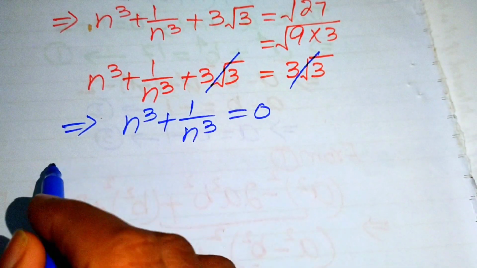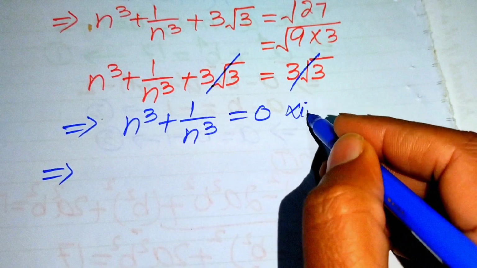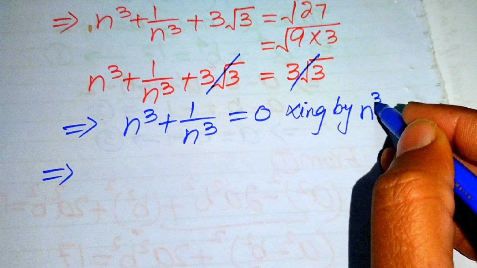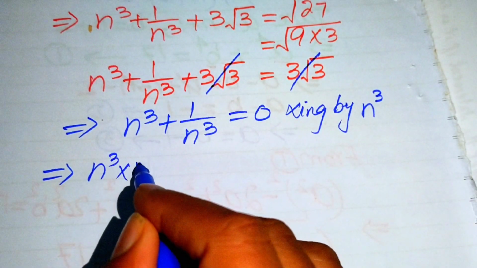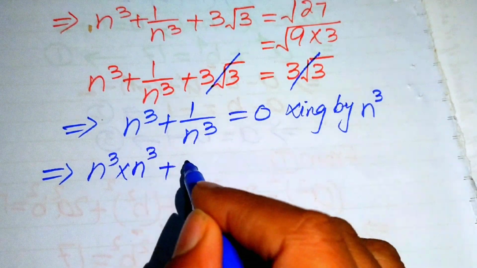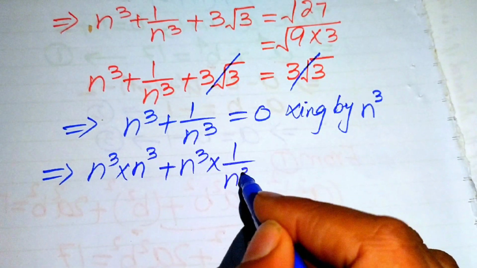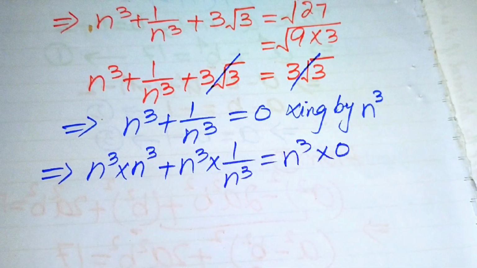Now we multiply both sides by n to the power of 3. When we multiply, you get n to the power of 3 multiplied by n to the power of 3 plus n cubed multiplied by 1 over n cubed equals n cubed multiplied by 0.